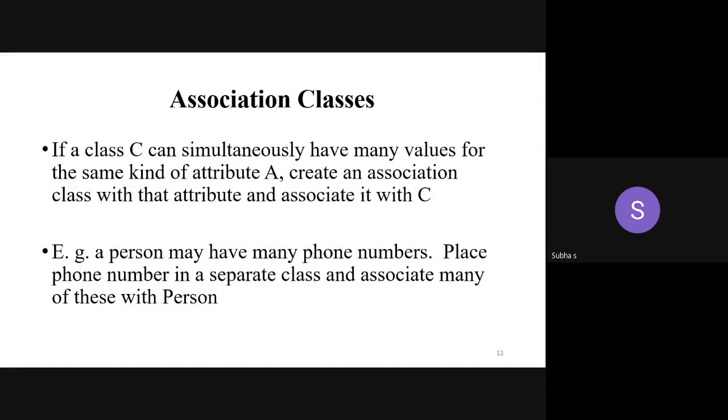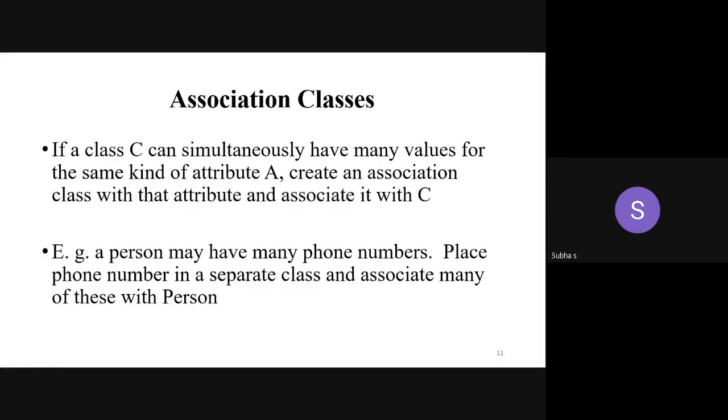The best example is given in the second point itself. Suppose a person has many phone numbers. Obviously, we all have more than one phone number. So phone number is an attribute for a student, faculty, or any person. Or if a banking application is mentioned, customer is one class. For the customer, what attributes can you give? Customer ID, name, and phone number is a mandatory attribute.